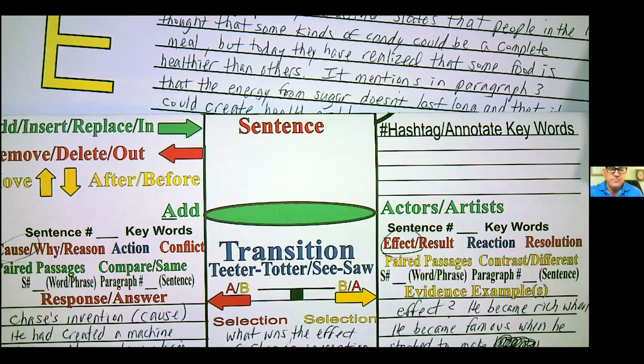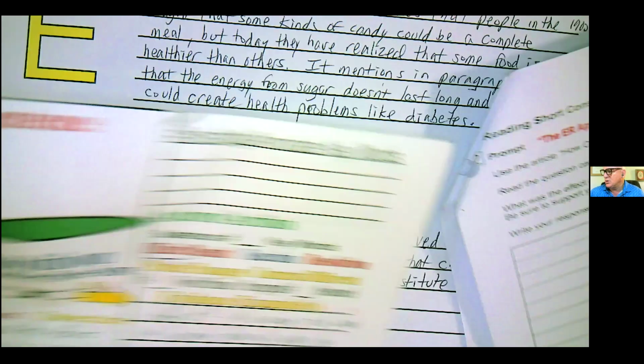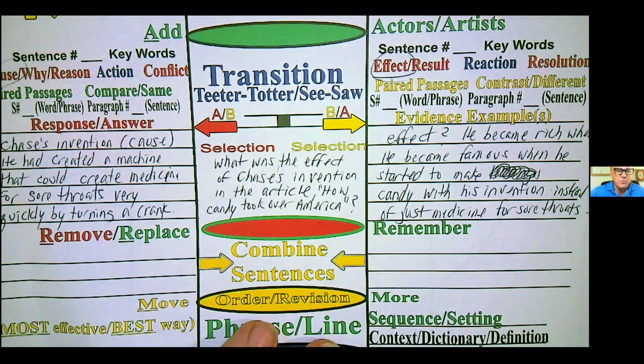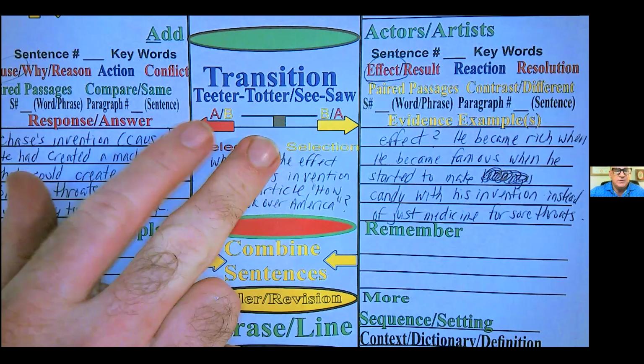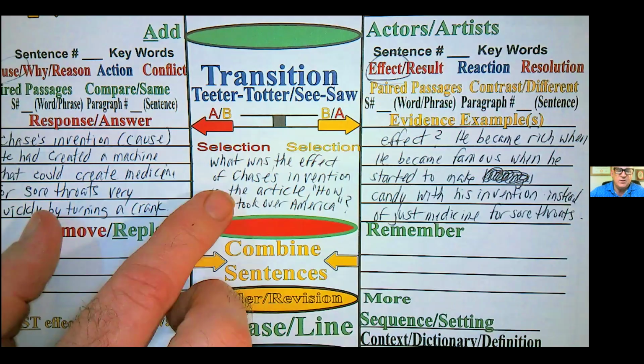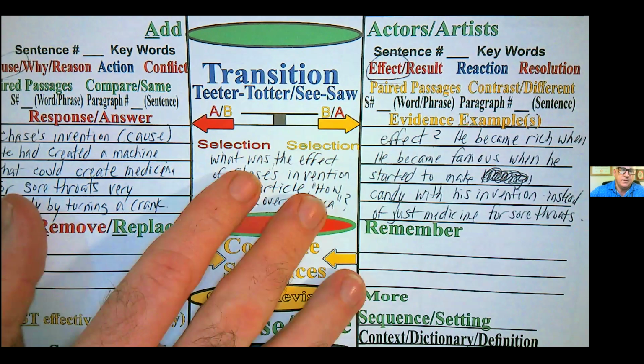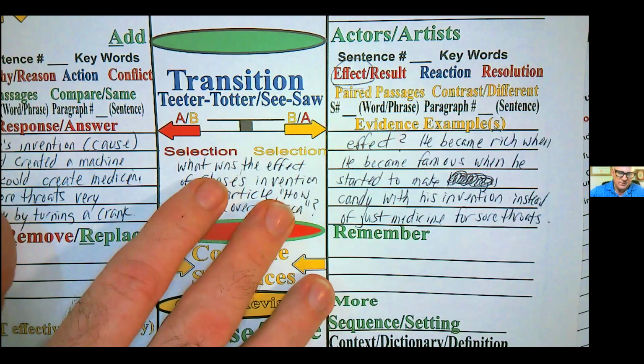So to do that, I went ahead and used my Read-Vising Graphic Organizer. Here's the question again. There's my transition teeter-totter seesaw. What was the effect of Chase's invention in the article How Candy Took Over America? So the effect.